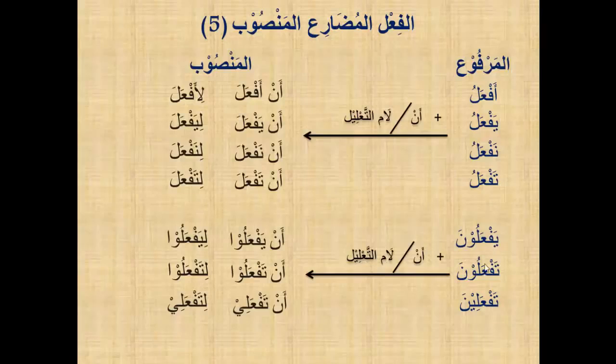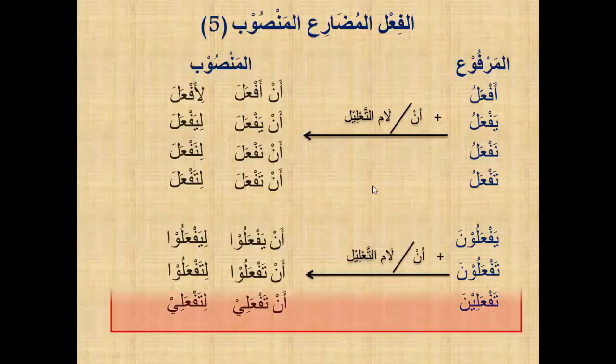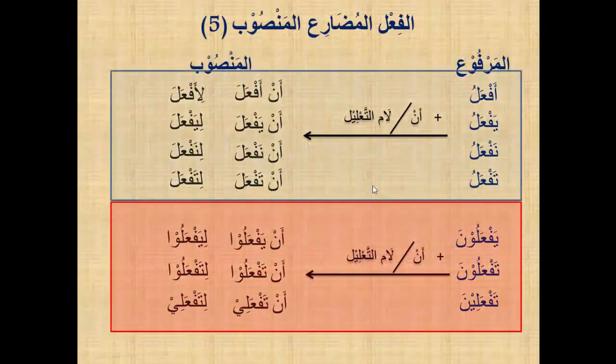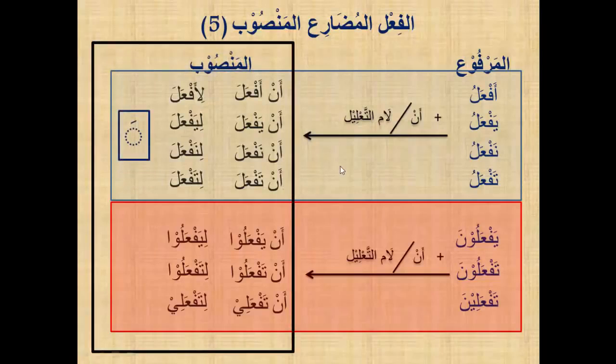So for yaf'aluna and taf'aluna, we've omitted the noon, and we've left an alif at the end. But for anti, we simply drop the noon and leave it as a ya. So again, these are the two classes of present tense verbs that are mu'raba. The top one takes a fatha as the mansub marker.